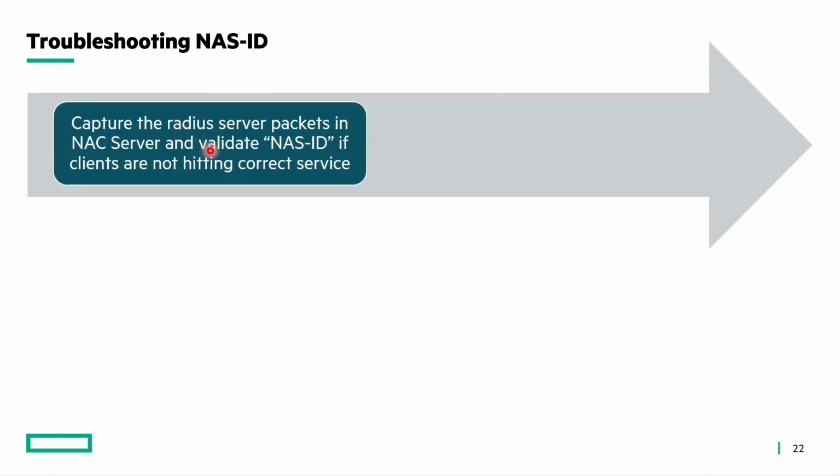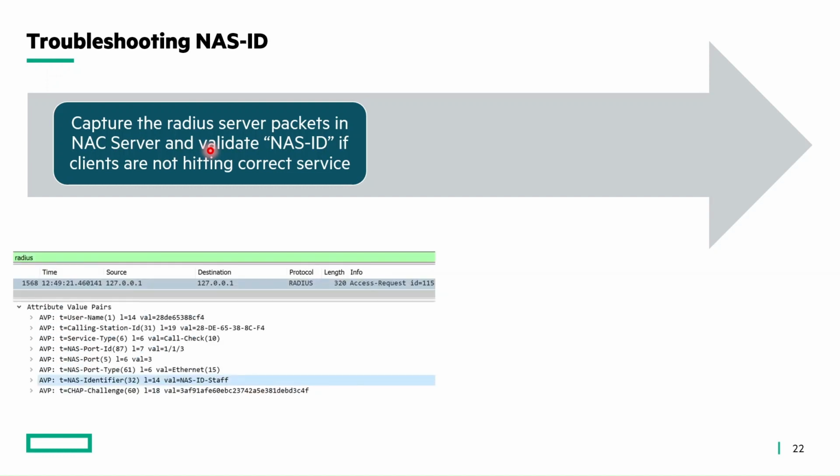In the packet capture, we can see for each access request what NAS identifier is sent. Here I'm sending the NAS ID as staff. So it is clear the switch is correctly sending the NAS ID. Then we have to debug only from ClearPass what the issue is, why ClearPass is unable to identify and service the request for this NAS ID type. That will be our next step.